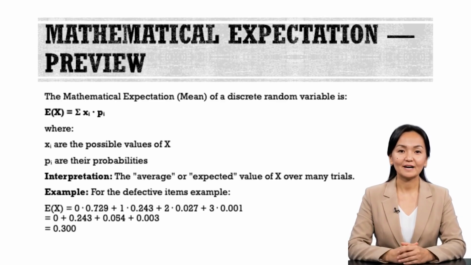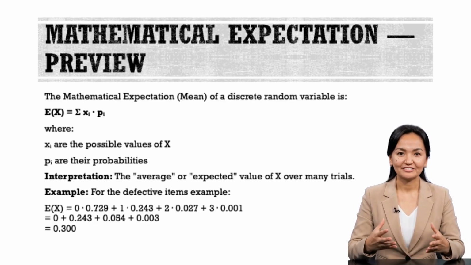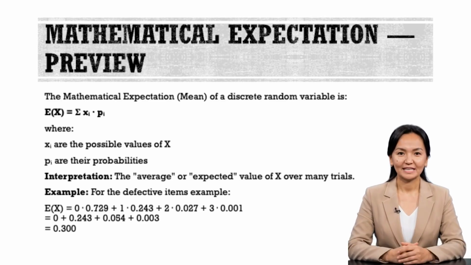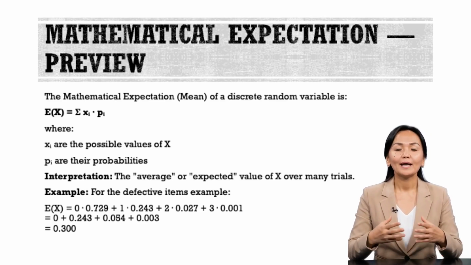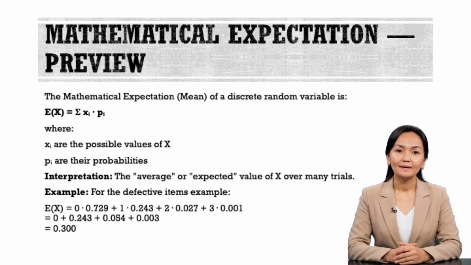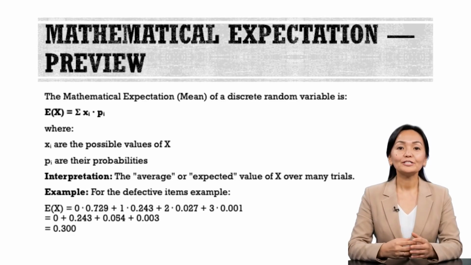In our defective items example, the expectation is 0 times 0.729 plus 1 times 0.243 plus 2 times 0.027 plus 3 times 0.001. This equals 0.3. The interpretation is that if we repeatedly sample 3 items from this factory, on average, we would expect 0.3 defective items per sample. This is also called the first moment of the distribution.